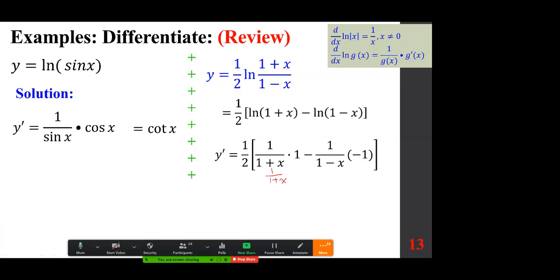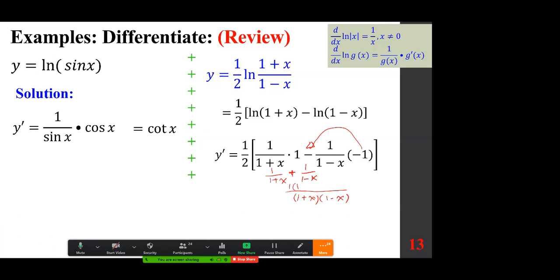One over 1 plus x plus 1 over 1 minus x. I'm just looking at the brackets. And I take a common denominator of 1 plus x times 1 minus x.